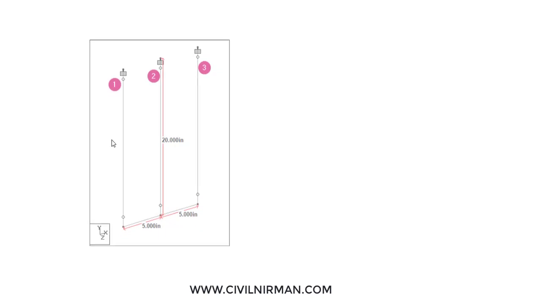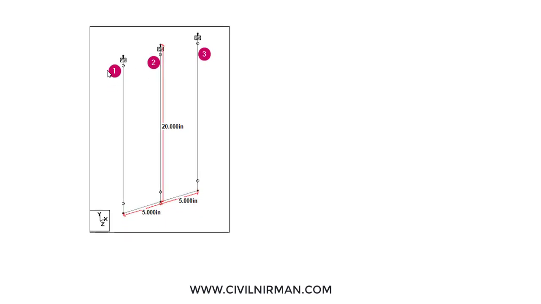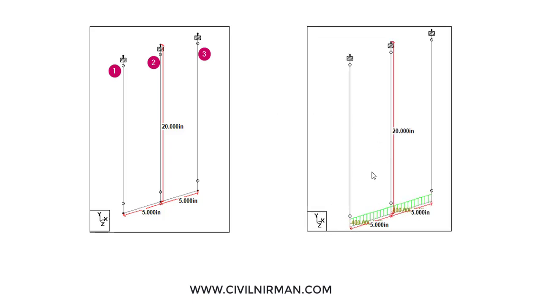We have modeled this particular segment 1, 2, 3, right? Here the cross-sectional area is 0.1 inch square, length is 20 inch, and the load is 400 pounds per inch, and this particular load we have implemented over here.